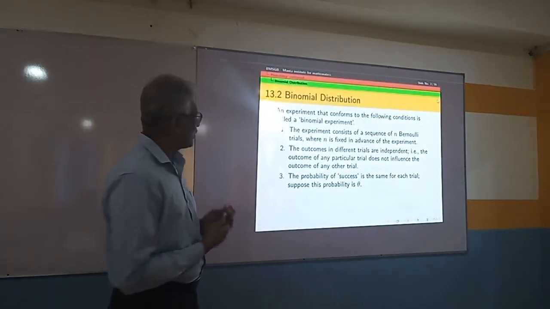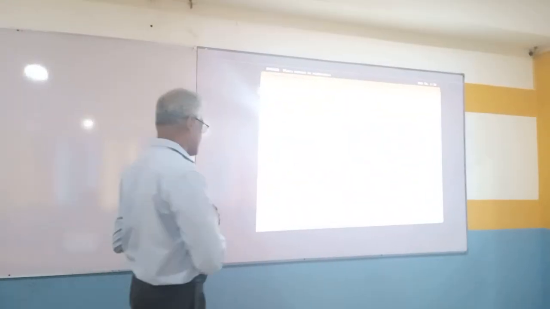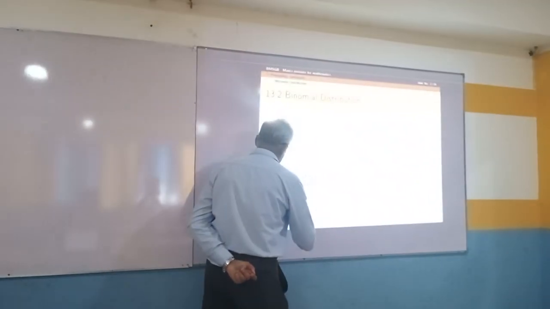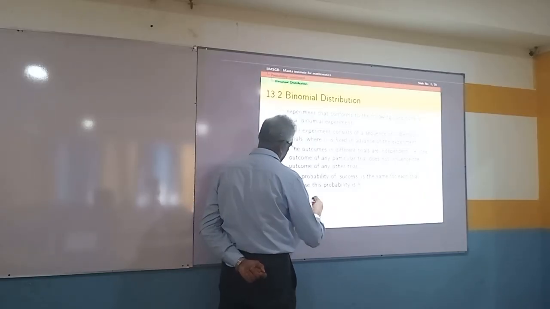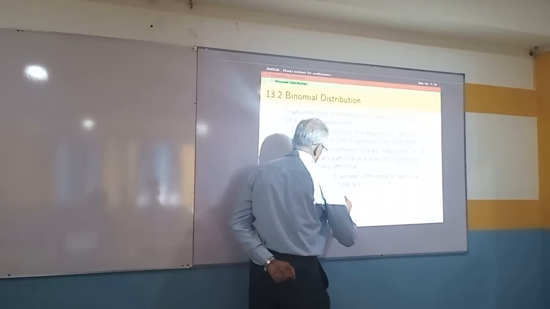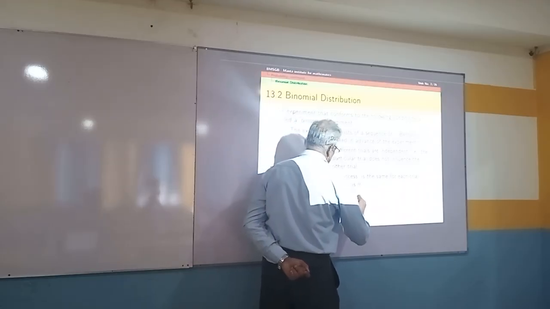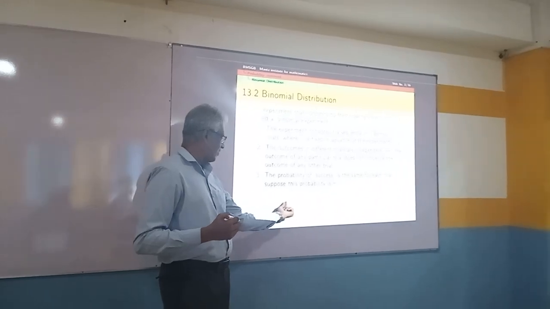Let us derive it by ourselves using the probability rules. Suppose we are generally interested in finding the probability that capital X is equal to some value, small x. Small x can be 0, 1, 2, up to n. So let's just take one value x.